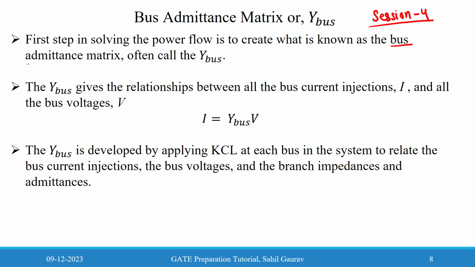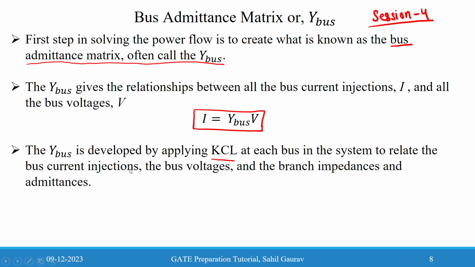Bus admittance matrix or Y bus, both are the same thing, and this Y bus gives the relationship between all the bus current injections I and all the bus voltages V. I denotes the current injections and V denotes the bus voltages, and this Y bus is developed by applying KCL only at each bus in the system to relate the bus current injections, the bus voltages, and the branch impedances and admittances.